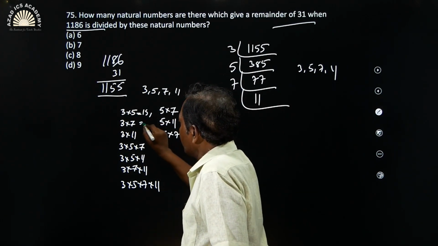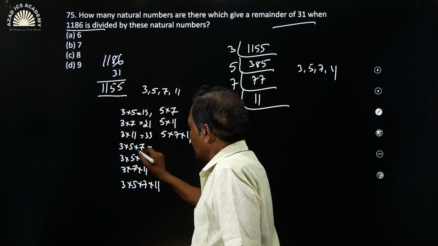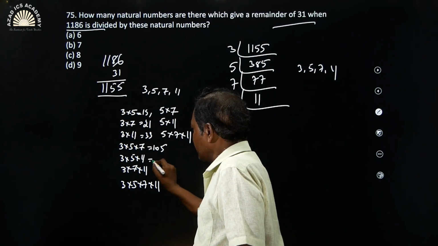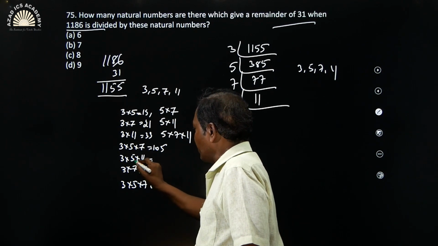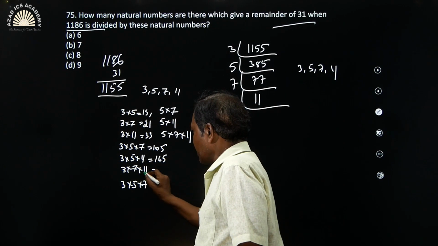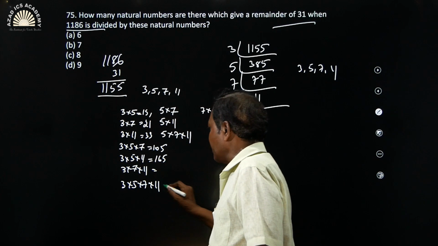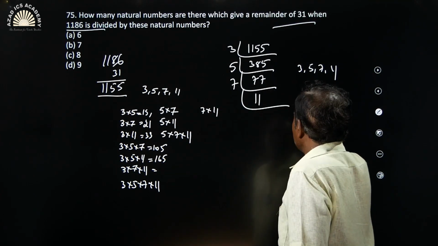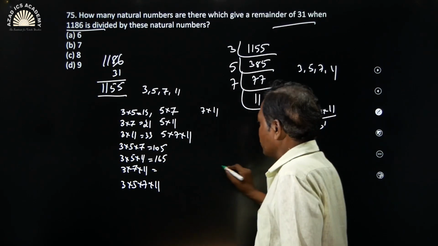15, 21, 33, 15, 105, and this is 55, 165, and here see 21, 77 into 3, 70 into 3, 210, 3 into 7, 21, 21 into 11, 231.